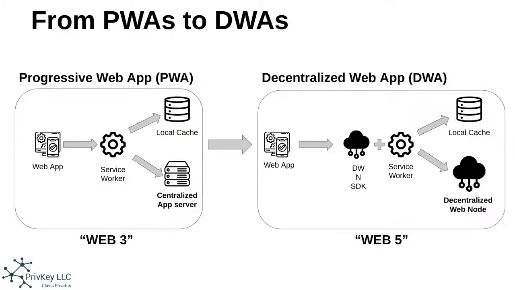But now the difference is that instead of sending it to a centralized app server, you send it to decentralized web nodes, whether you control them or you have a third party control them for you. The point is that you're not dependent on a specific entity, company, or government to house and secure your data. Even if that data is already secured by you, you might not have access to it because their service goes down. For example, if Amazon goes down, it would be a disaster. This eliminates that factor. So this is what we call Web 5.0.